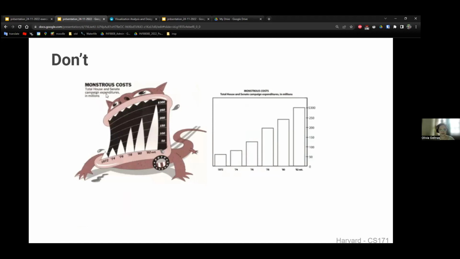And another example here, monstrous costs. There's a monster illustrating the message, and obviously it may have some positive marketing value, but it's not efficient. If you want to be efficient, you really have to reduce the aspects that are not essential and that aren't directly communicating the data.